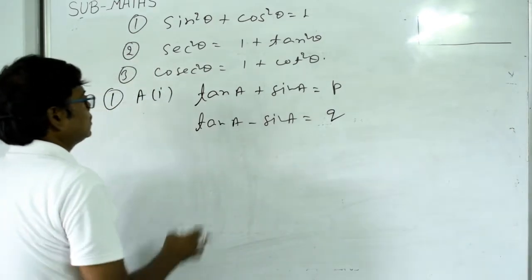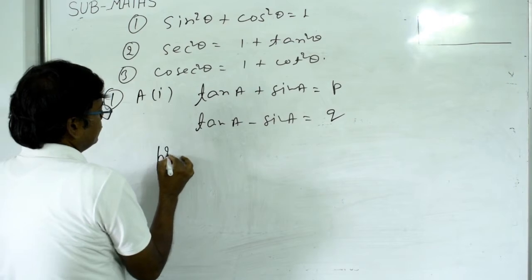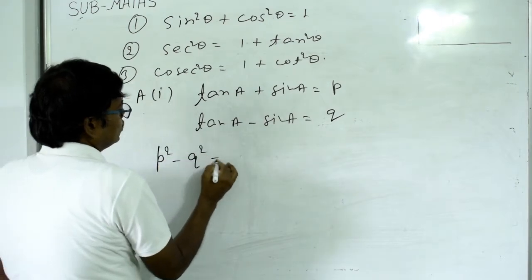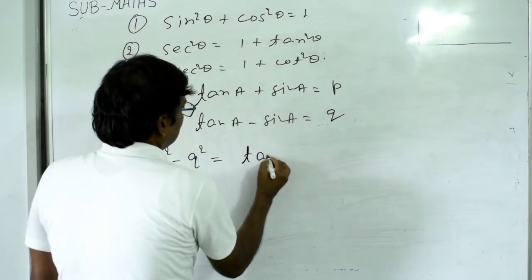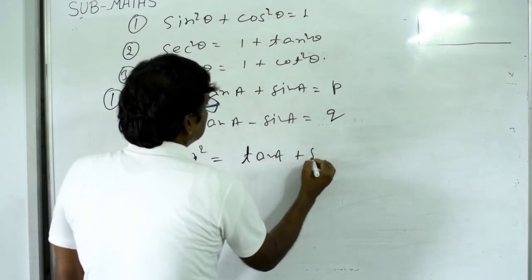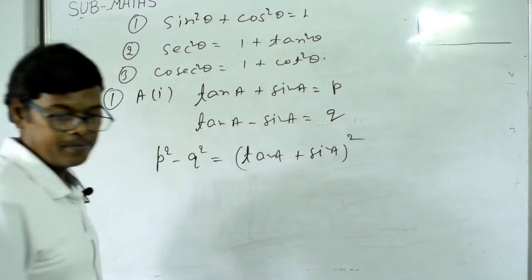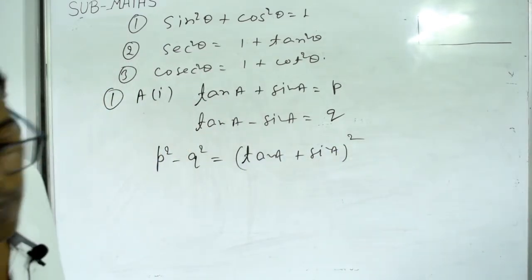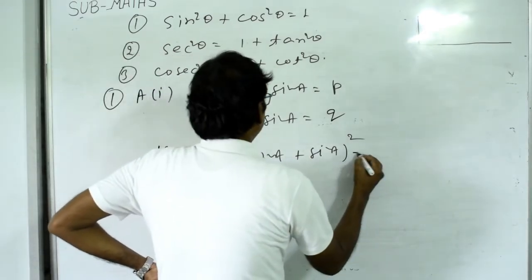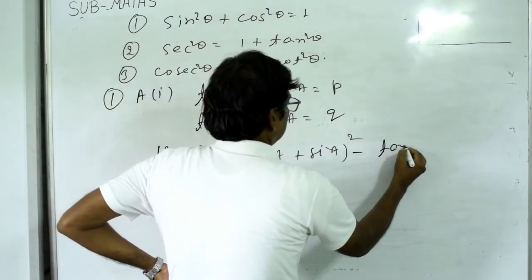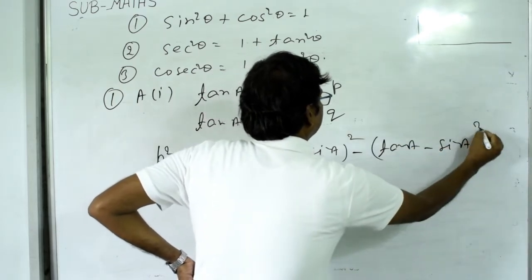So first, write here P square minus Q square equal to tan A plus sin A whole square, minus tan A minus sin A whole square.